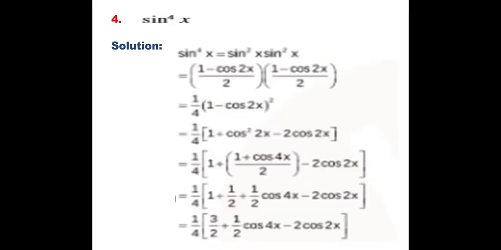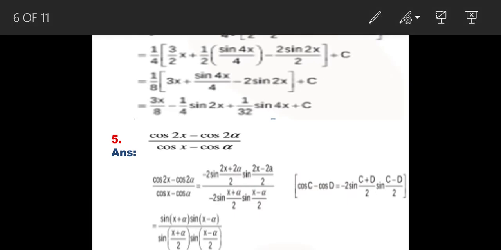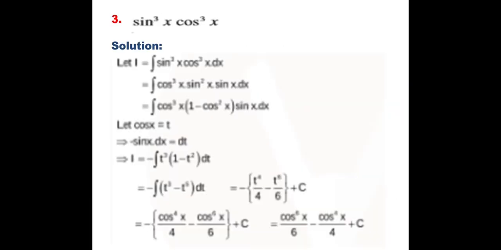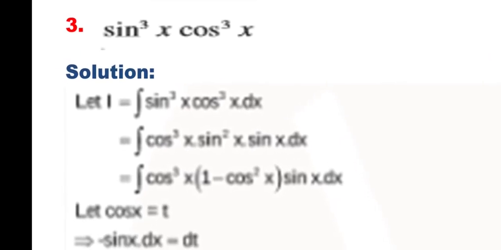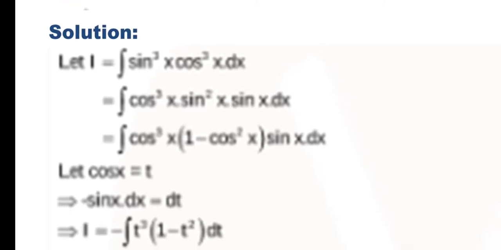Next question is question number 3, sin cube x cos cube x. So students, first of all, in the solution we can change sin cube x as sin square x into sin x, right?